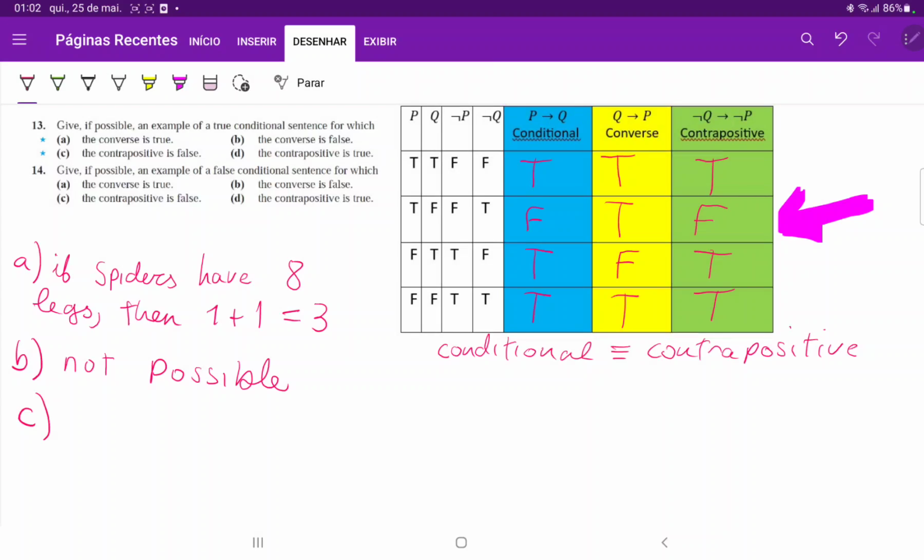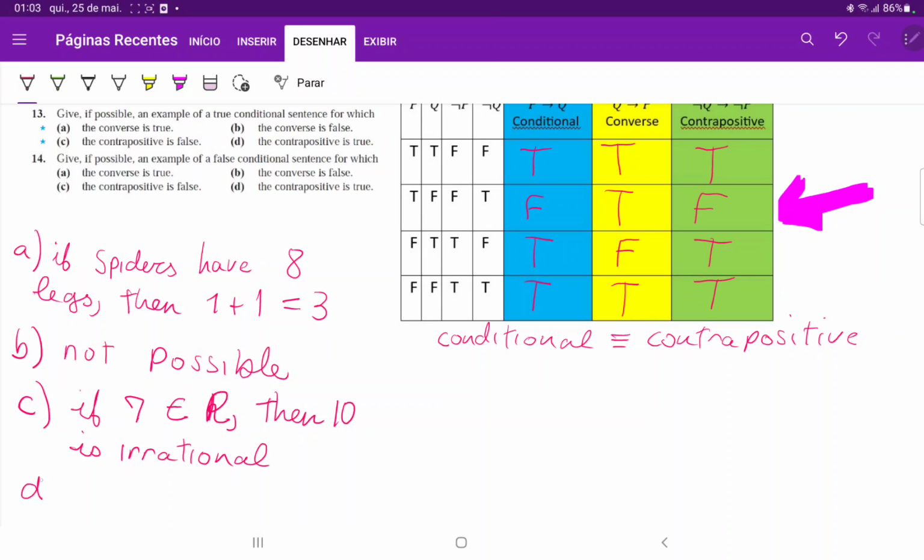So we just have to give a true statement for P. So I'm going to say if 7 belongs to the set of real numbers, so that is true, then what can we say? Then 10 is irrational, which is false, right? So we gave an example that if P is true, then Q is false. So the conditional and the contrapositive are both going to be false.